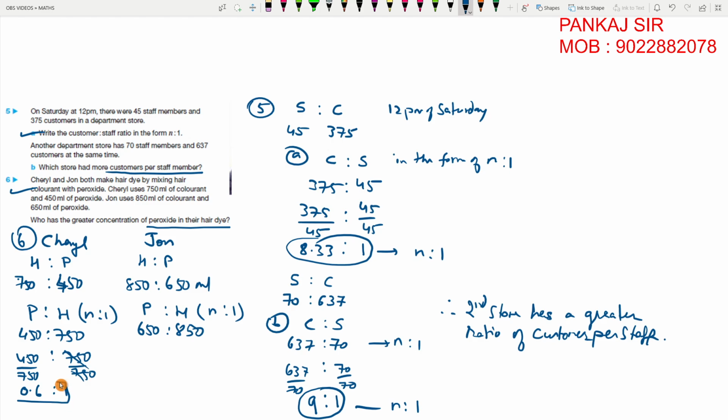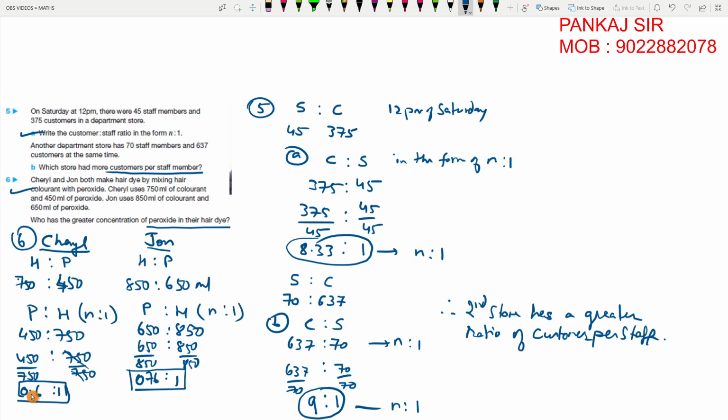So I got the ratio in the form of n is to 1: 0.6 is to 1. Same thing let me do over here. I'll divide 850 over 850 and 650 over 850. This will be 1, and 650 over 850 works out to 0.76. So I get the ratio of peroxide to hair colorant in both cases, Cheryl's case and John's case. Now the question is who has been using greater concentration of peroxide in the hair dye.